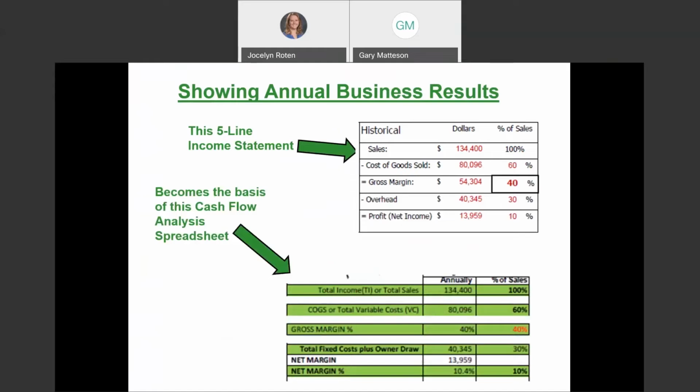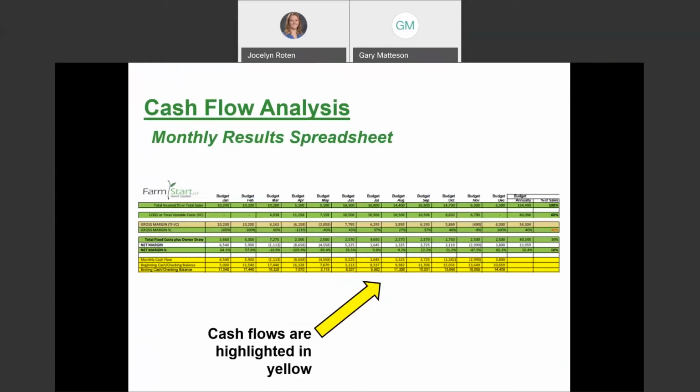Okay, so if I take this 5-line income statement that I've been talking about and put it onto a spreadsheet, you're going to see, as I add detail to the spreadsheet, the 5-line income statement is going to remain shown in green lines.